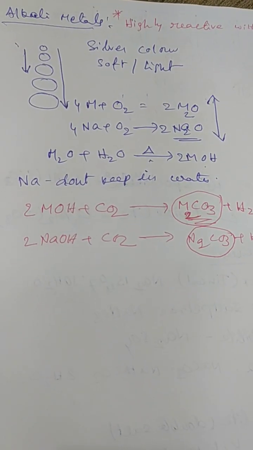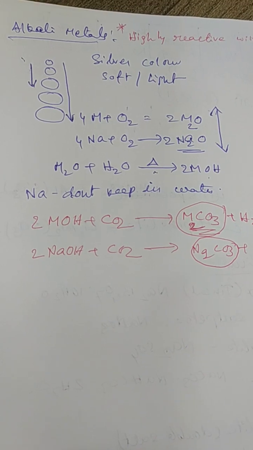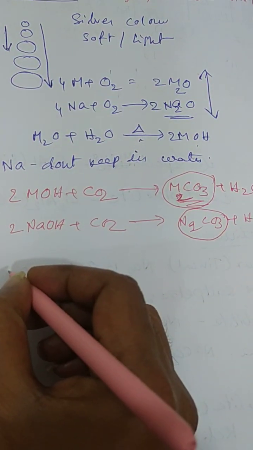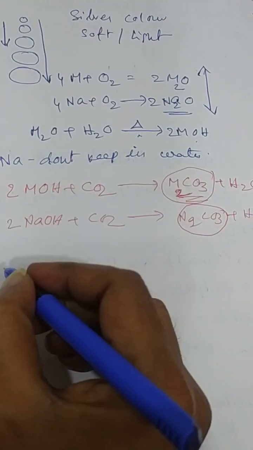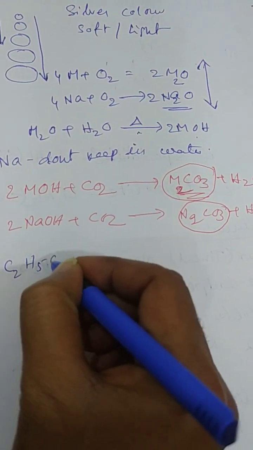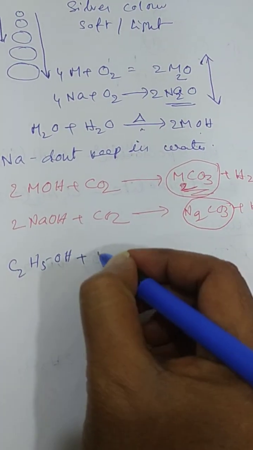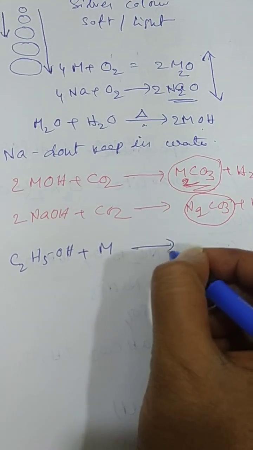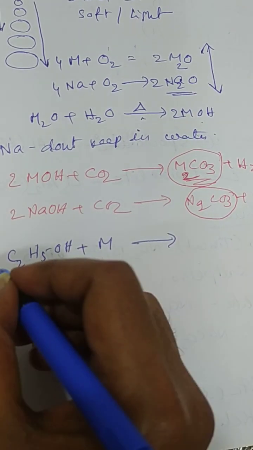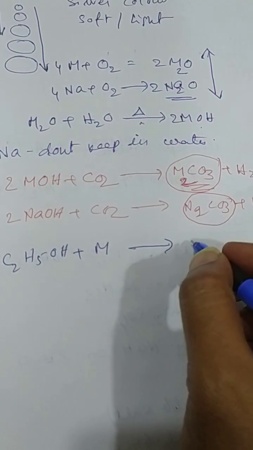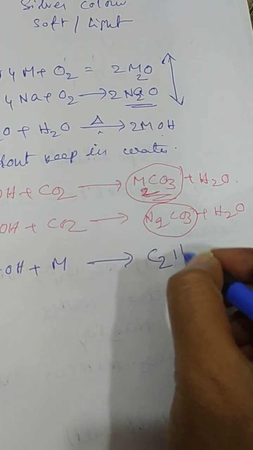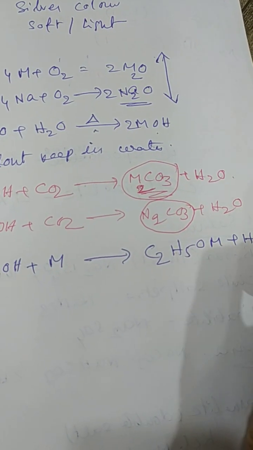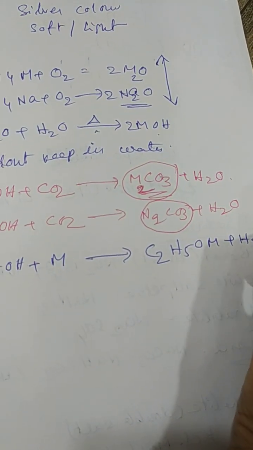Further, if you react it with alcohol, C2H5OH plus metal will react and form C2H5OM, and hydrogen molecule will come out.